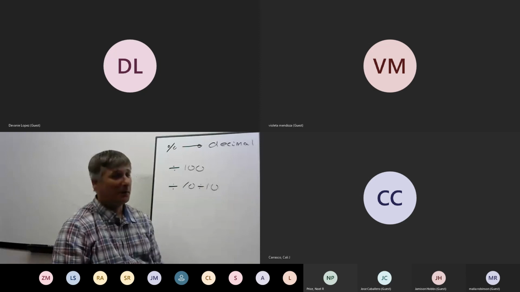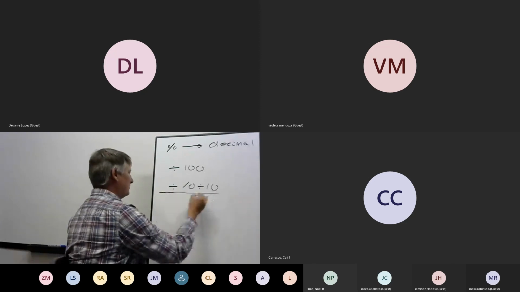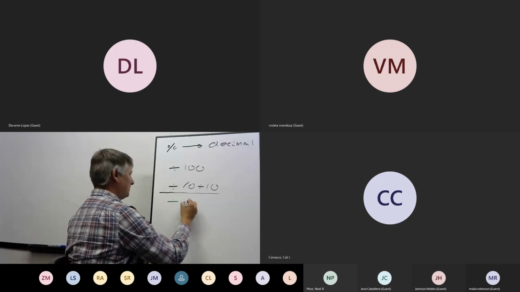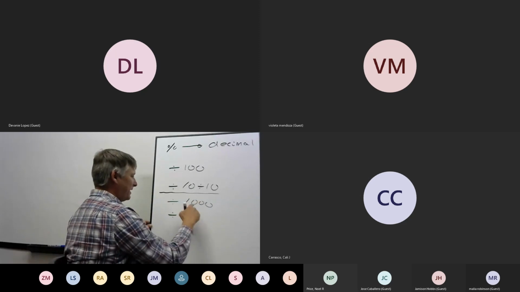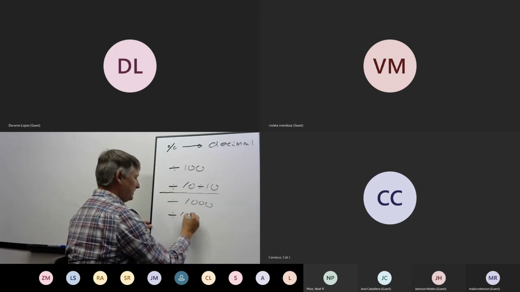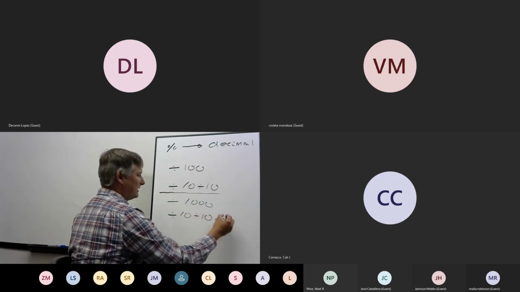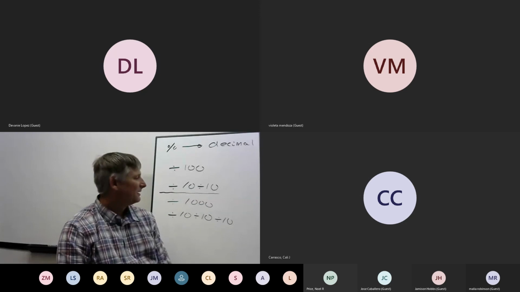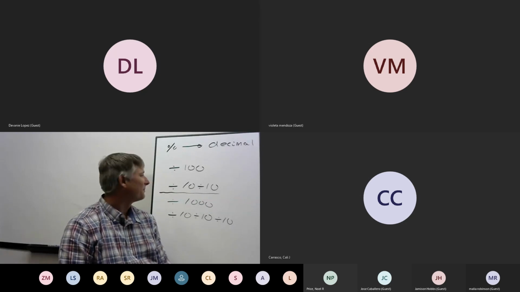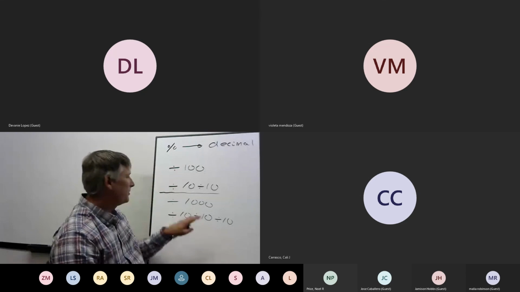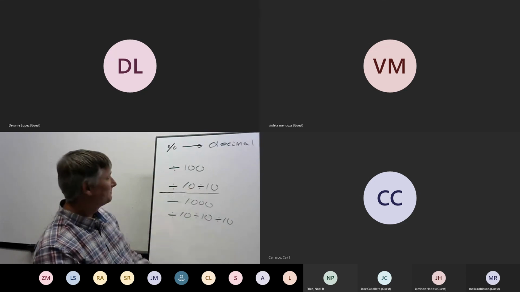Or if we divide by 1,000, it's the same as dividing by 10 and 10 and 10. That's how I know I can move my decimal 2 places to the left.